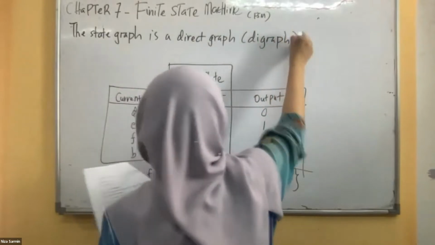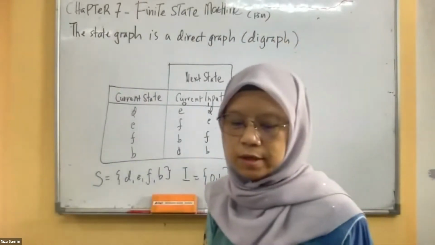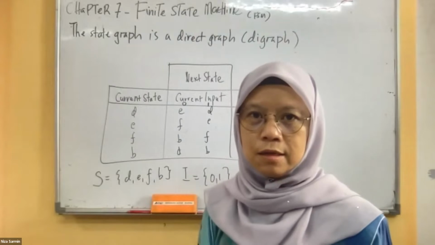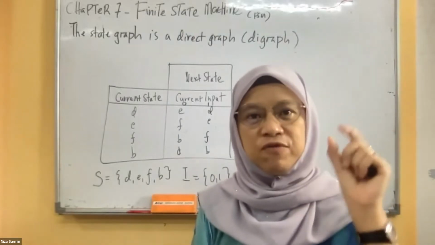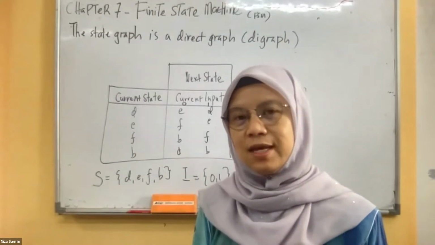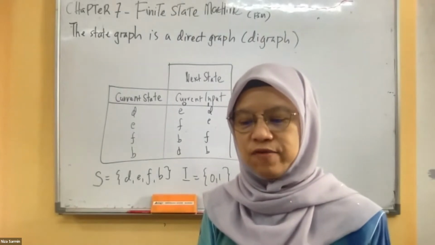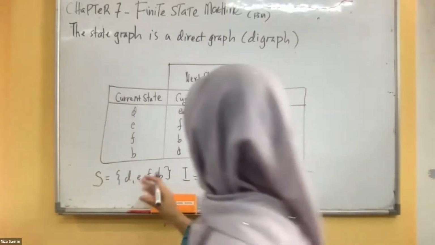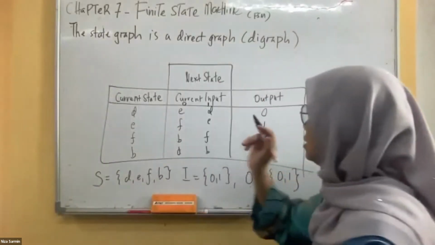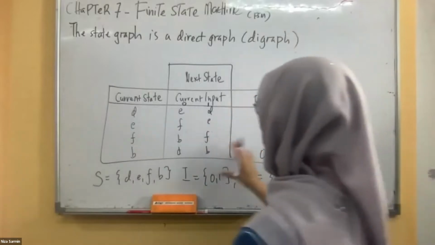That's why we call it a digraph. And this is given by the finite state machine. We have the vertex. The vertex of this state graph symbolizes the state and the output.